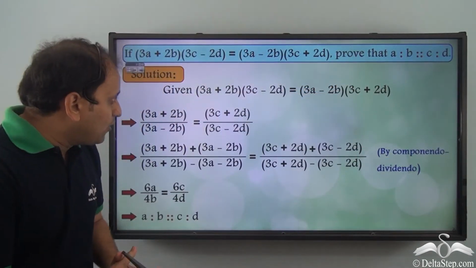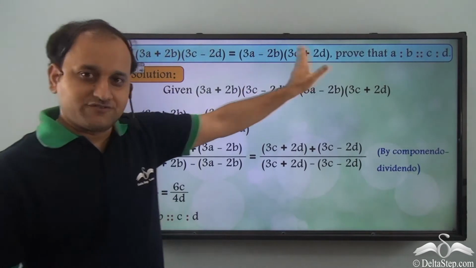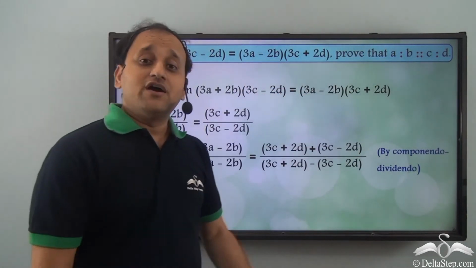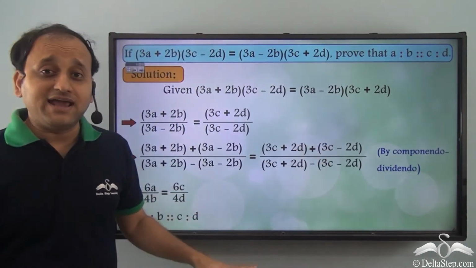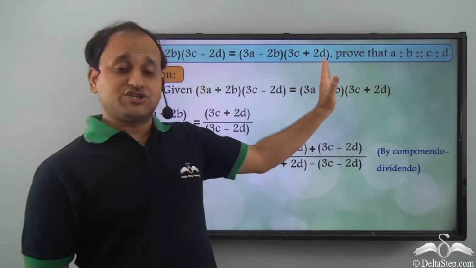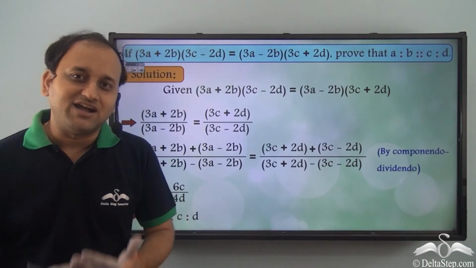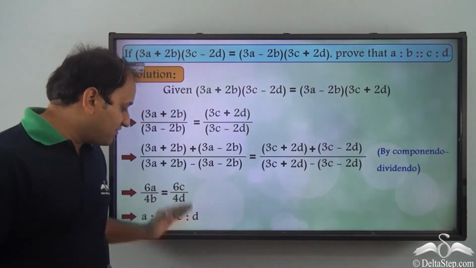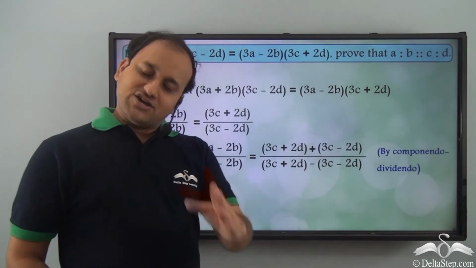So this is how you need to understand the question first, and you need to identify what type of property needs to be applied to get a solution to such problems. And once you have identified the type of property and applied it, then you will definitely get the required solution.